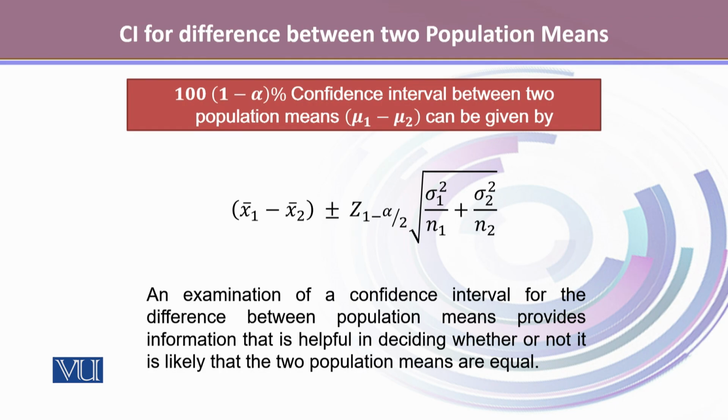So the 100 times 1 minus alpha percent confidence interval between two population means mu1 minus mu2 can be given by the expression given here. An examination of the confidence interval for the difference between population means provides information that is helpful in deciding whether or not it is likely that the two population means are equal.